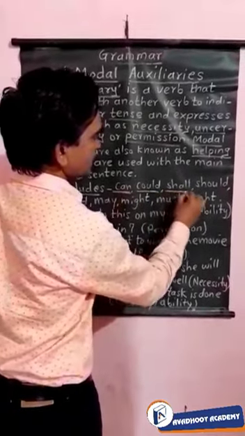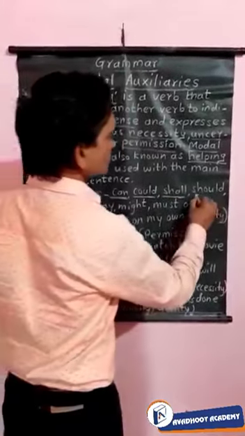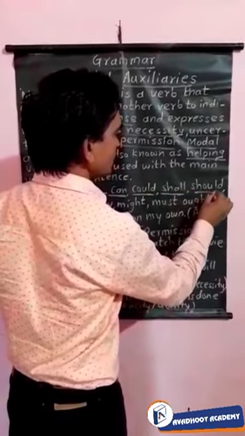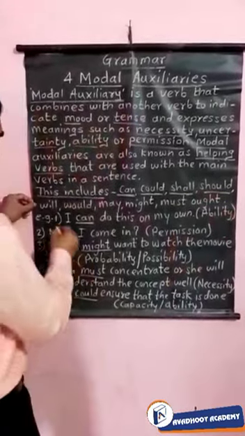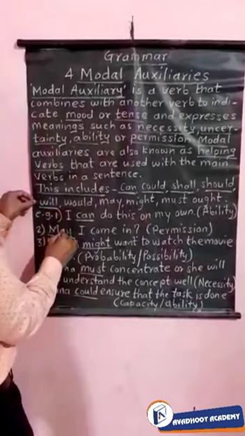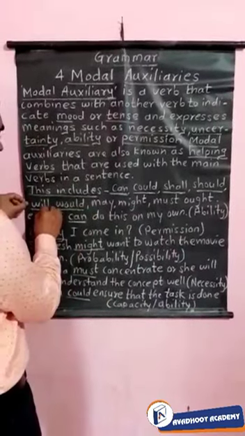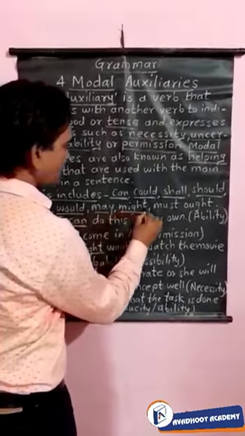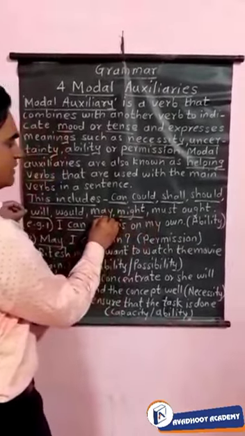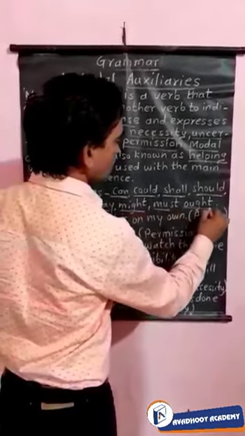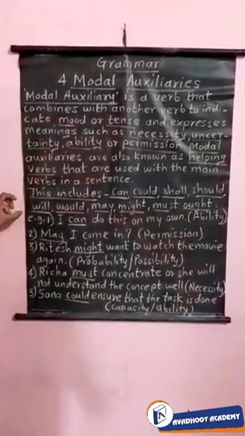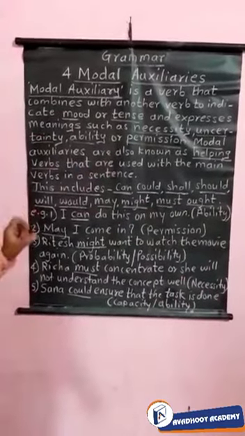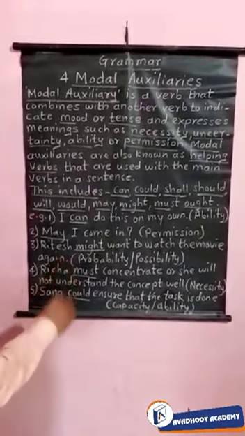Shall is a modal auxiliary and should is the past of shall. Then will, and would is the past of will. May, might. Might is the past of may. And must, ought, etc. These are the prominent modal auxiliaries in the grammar topic.